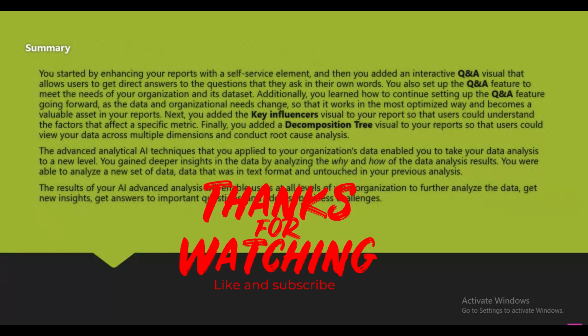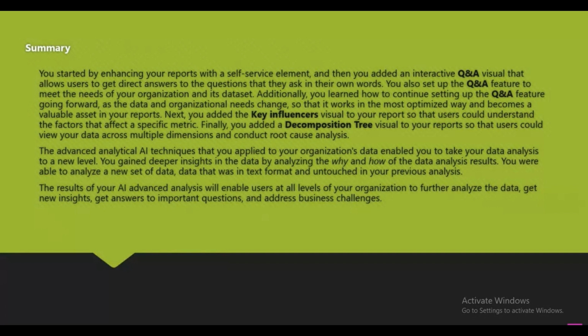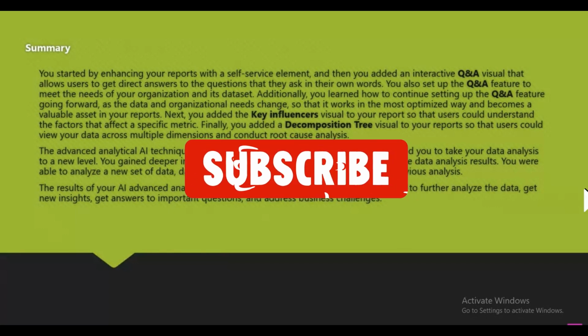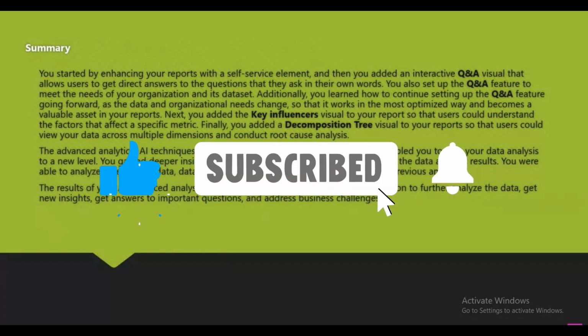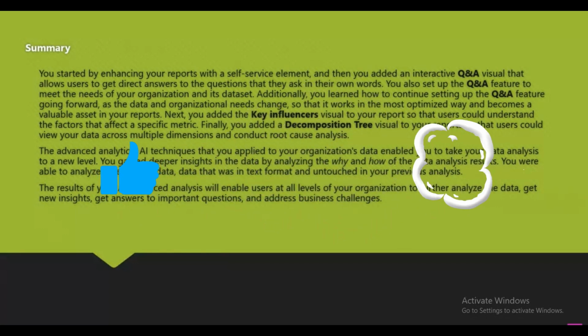The second feature, key influencers, enables you to find the root causes which are impacting your data. And the last one is the decomposition tree, where we have decomposed the analysis one level deeper down to find the root causes for your analysis. Great. So that's it.